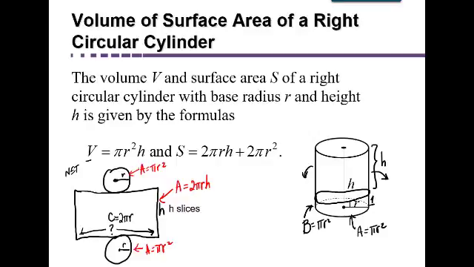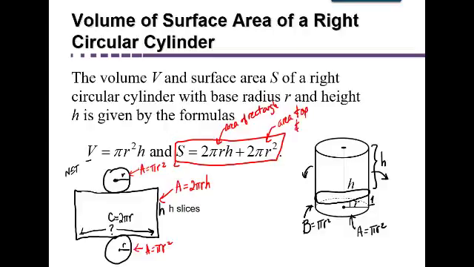If we add these up together, we get the formula for surface area. This piece here is the area of the rectangle, and this is 2 times pi r squared, because we have the area of the two circles, the top and the bottom. So that's where that formula comes from.